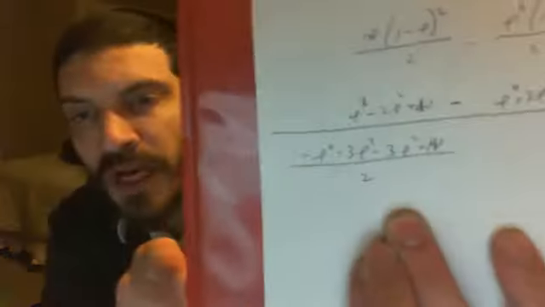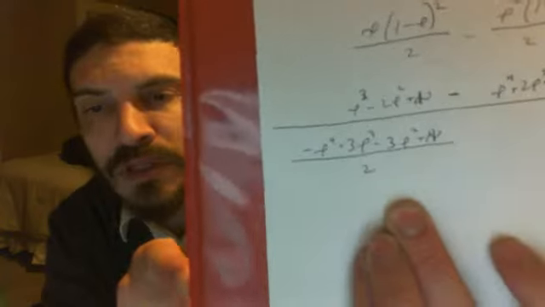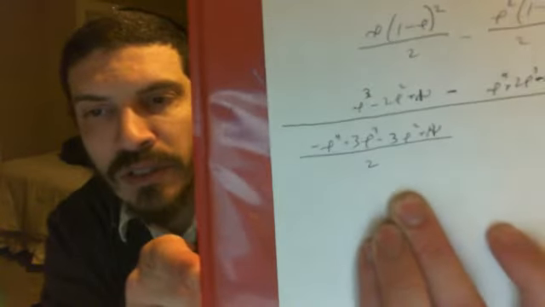Remember, this whole thing is divided by 2. It looks quite neat after all. Could have been much messier. So you see what we have here: x minus x to the fourth plus 3x cubed minus 3x squared plus x, divided by 2. Now the last expression is (1 minus x) cubed.